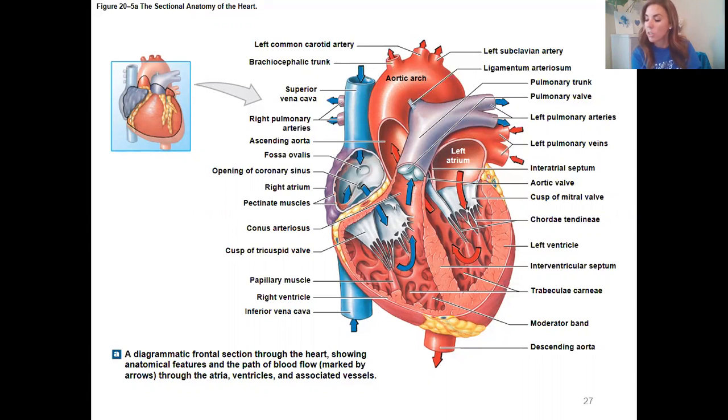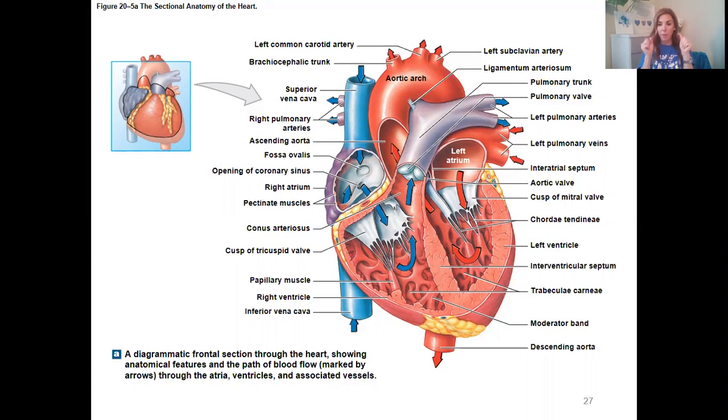Okay, so let's go through this again. I want to make sure that you can completely get this blood from the very beginning all the way to the very end. Now keep in mind, even though I'm breaking it down like this in a simplistic manner, both sides will always have blood at the same time. It's not like you're going to have all deoxygenated blood over here and you have to wait for some oxygenated blood to come over here.